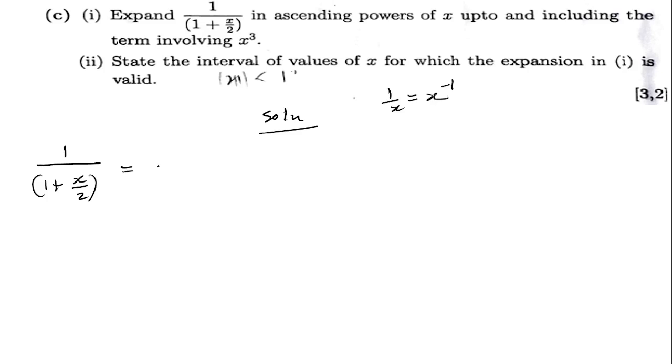So this can be written as 1 plus x over 2 to the power negative 1. Once we have that in mind, we can simply expand our expression and find a way we can do the question.